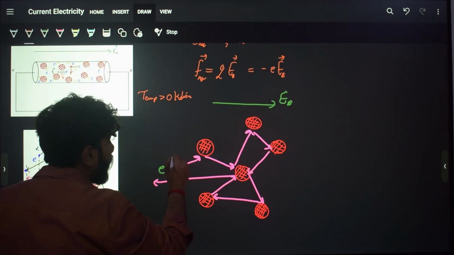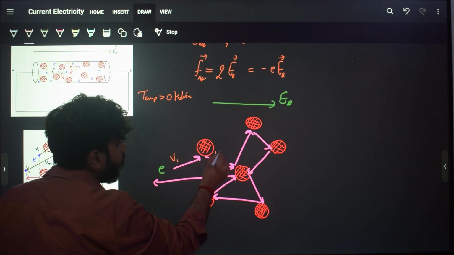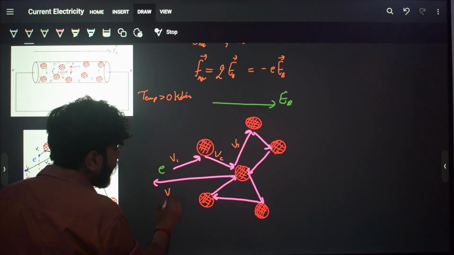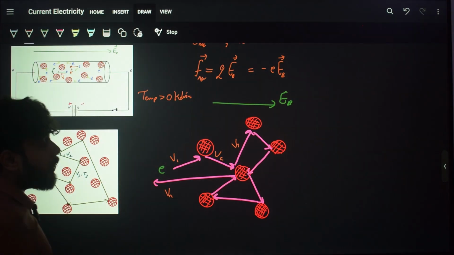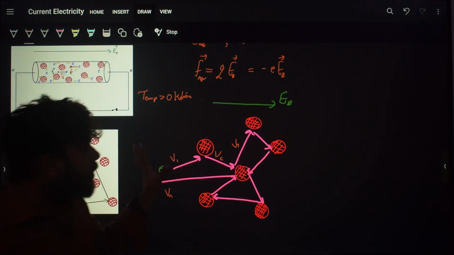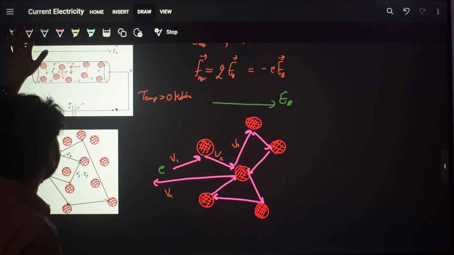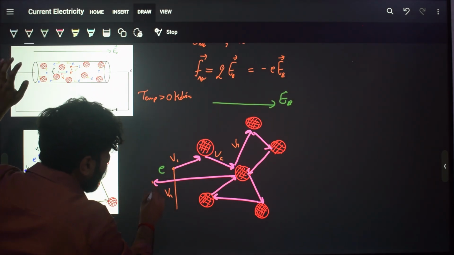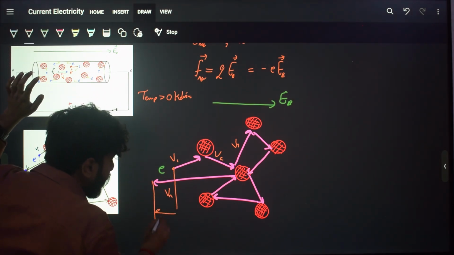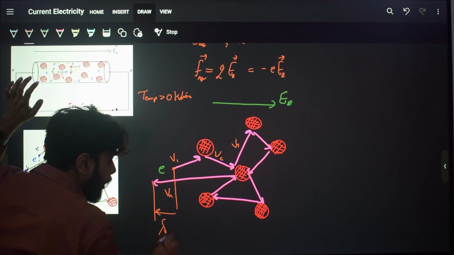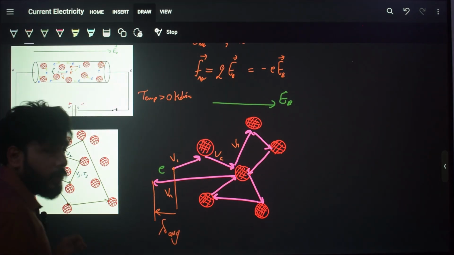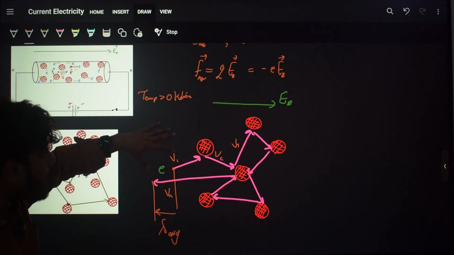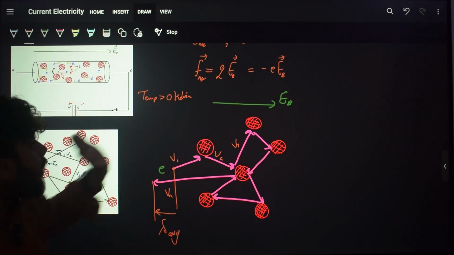Now let's call the velocities V1, V2, V3, and this one Vn. So even though they are moving constantly and the random motion is still there, in this case the average displacement is not 0. There is some net displacement, which is in the opposite direction of the electric field.